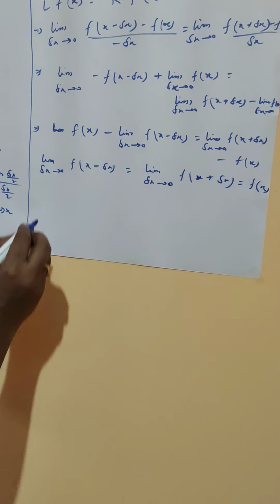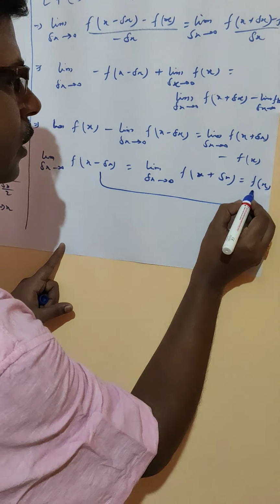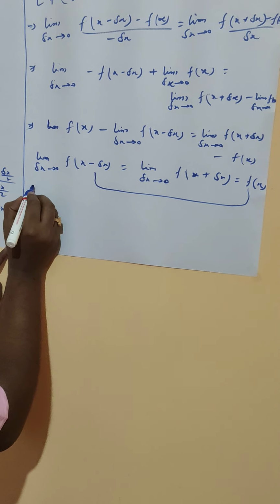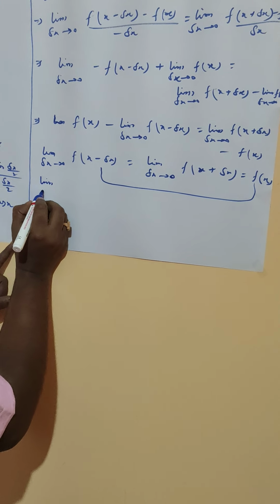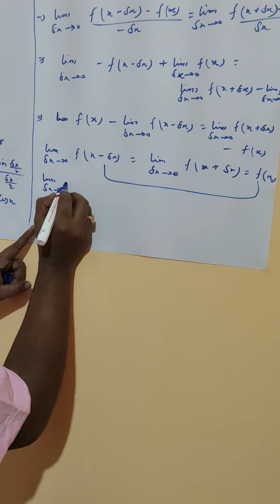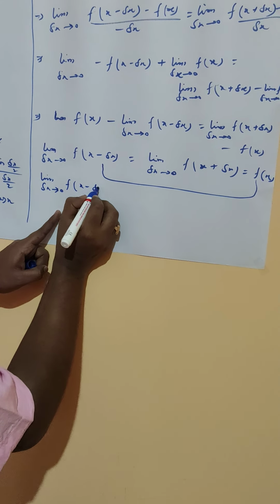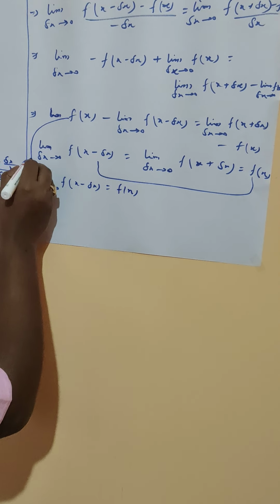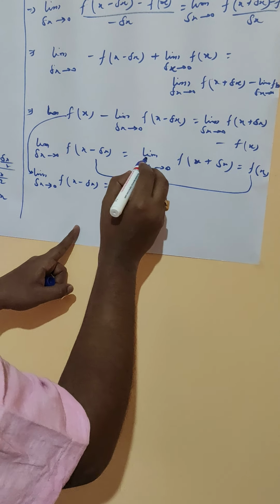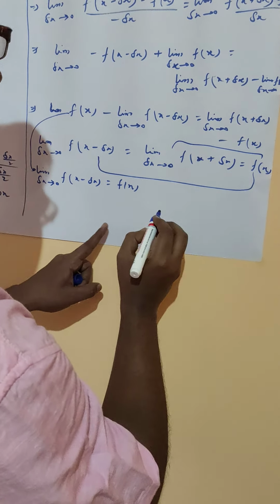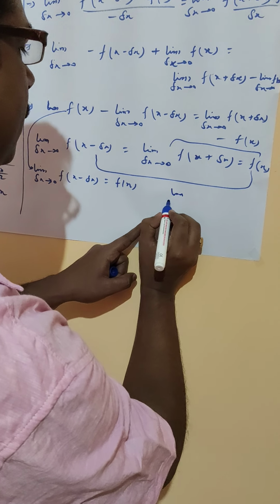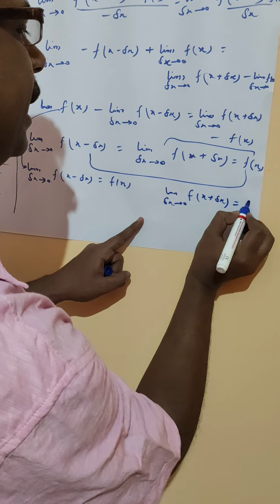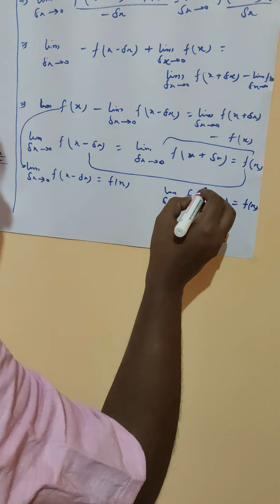If we take these two parts, we get from limit delta x tends to 0, f of x minus delta x equals f of x, and we find this result. From these two results, limit delta x tends to 0, f of x plus delta x equals f of x, we get this result.